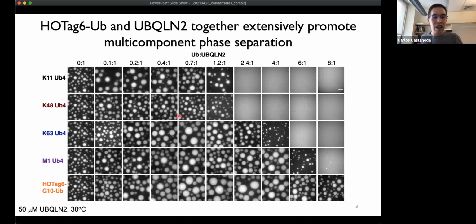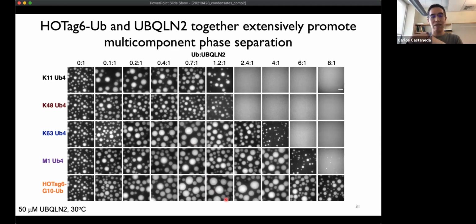Yeah, so all of these experiments are done at a single temperature, right? So they're at 30 C, and you can see that they're at 50 micromolar concentration. And I think what's happening, right, the reason why we're seeing these larger droplets with some of these is because of where we are on the phase diagram of the system.